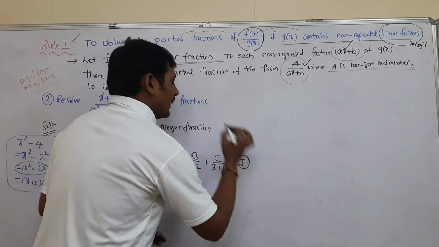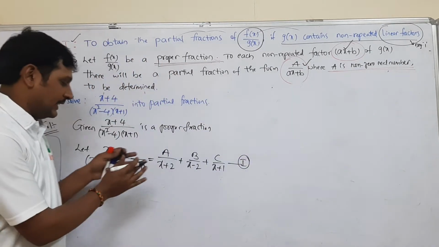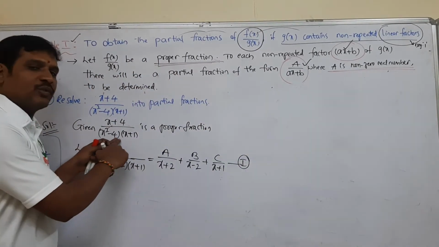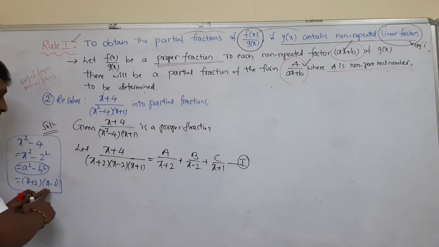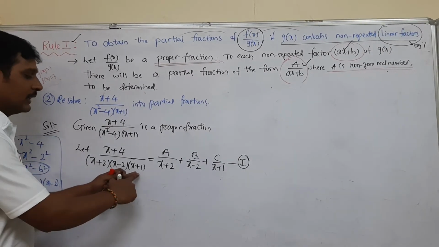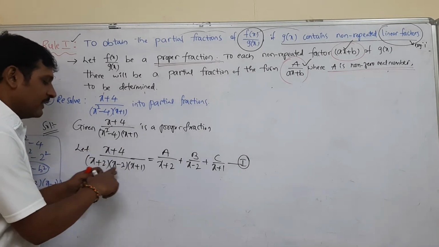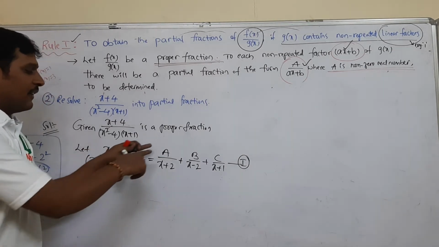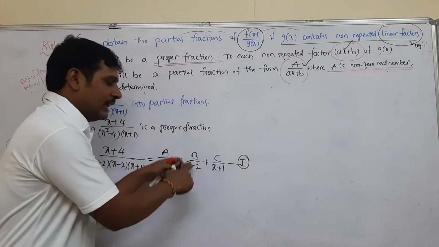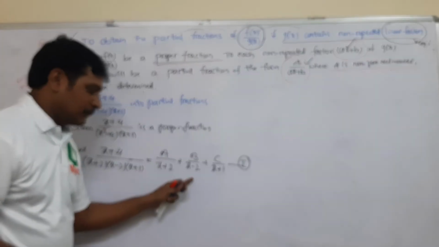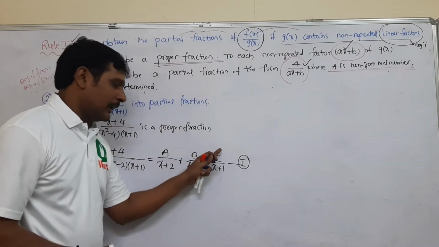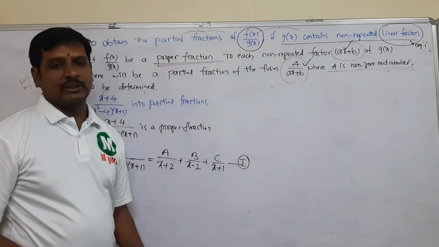So this is the required equation. I think it is clear to you. X square minus 4 is reducible, which can be reduced as (x plus 2) into (x minus 2). Then the third one is x plus 1. We have three linear factors. For each linear factor, we got each partial fraction, that is of the form a by (x plus 2), b by (x minus 2), c by (x plus 1).